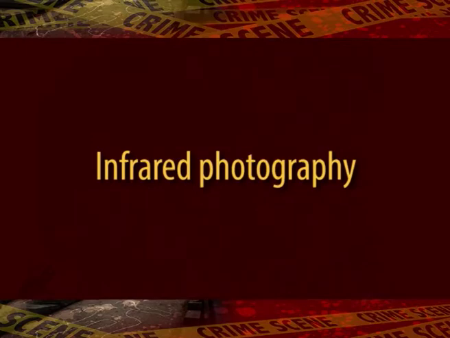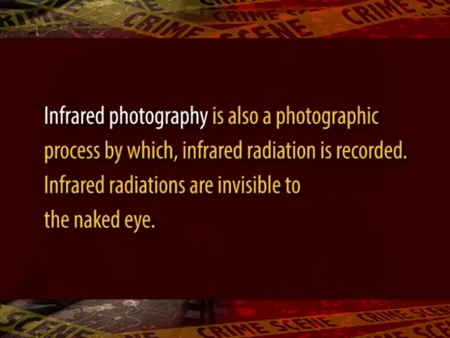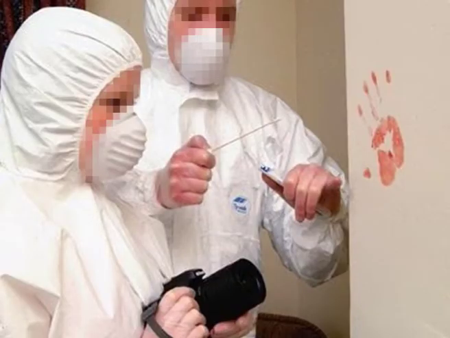Infrared photography. Infrared photography also has significant use in crime scene photography, and it is accepted in law enforcement like still photography. Basically, infrared photography is a photographic process by which infrared radiation is recorded. Infrared radiation is invisible to our naked eye. This type of photography is applicable in those cases where the powder pattern is not easily visible.